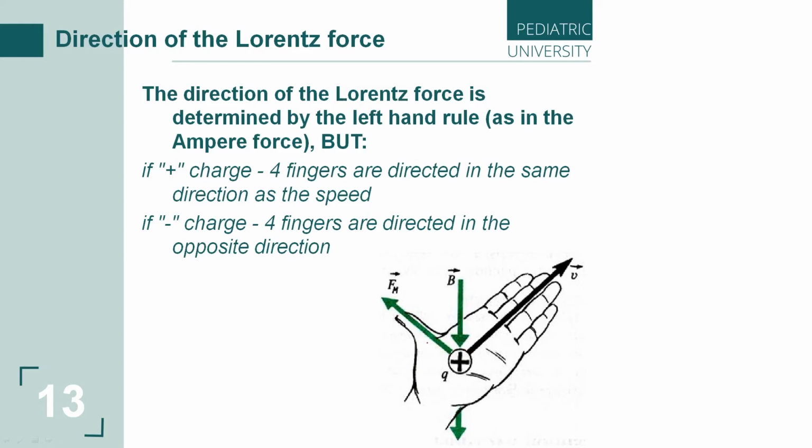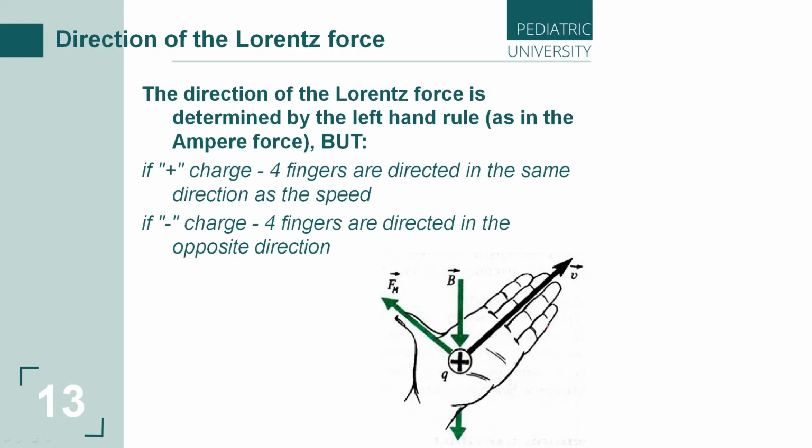The first finger, the thumb: when the angle between the first finger and four fingers is 90 degrees, it shows us the Lorentz force, and four fingers is the velocity, but we don't forget positive and negative charge. Positive charge, same direction with velocity. Negative charge, opposite direction with velocity. Don't forget about this rule, please.